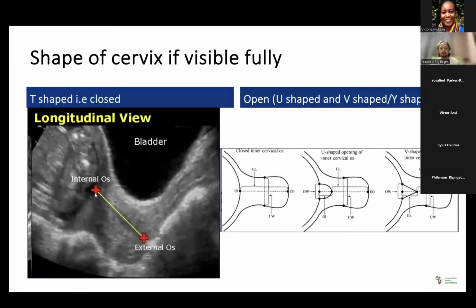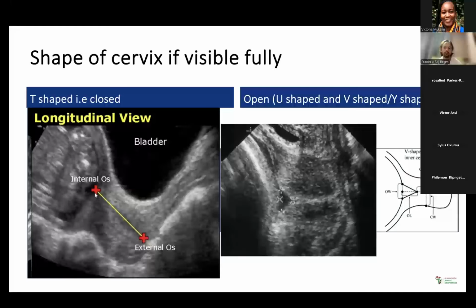The shape of the cervix, as I told yesterday, is important because it can prognosticate cervical incompetence during the early trimester. So the shape of the cervix is also quite important for us clinicians. We can detect the length, shape, and orientation of the fetus together, so that it helps in proper guidance of the mode of delivery.